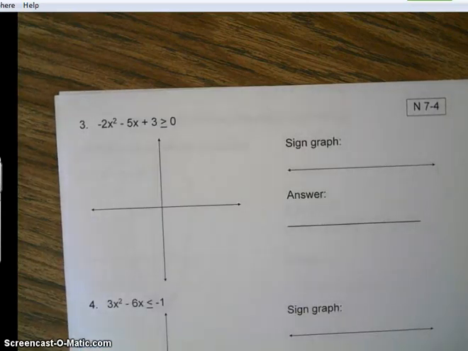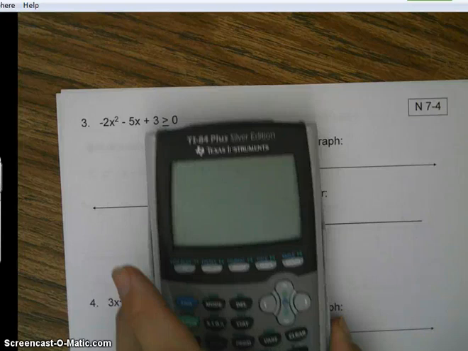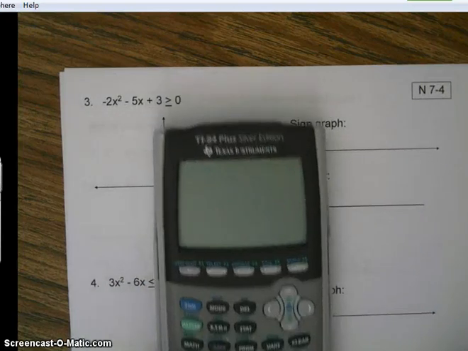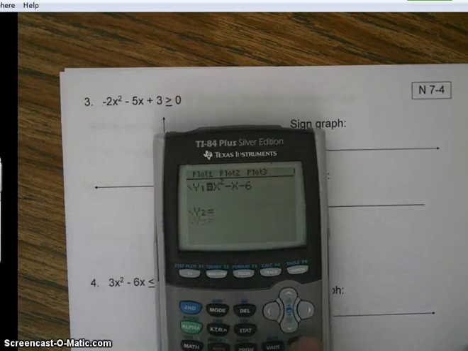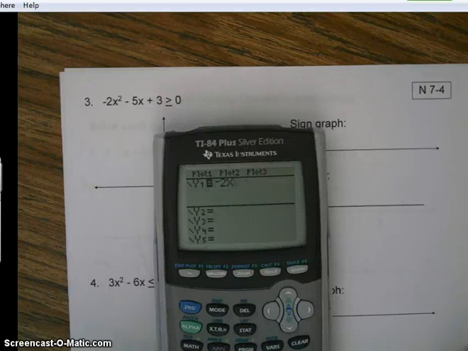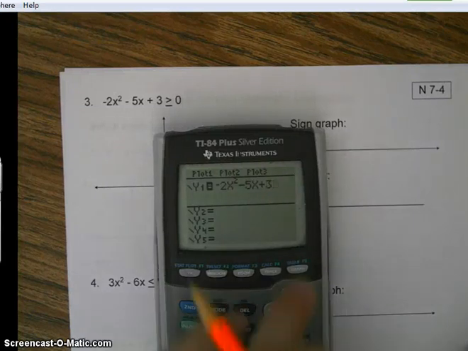Number 3. All right, let's walk through this one together. So let's plug it in. I'm going to go to y equals. Okay, graphing it.